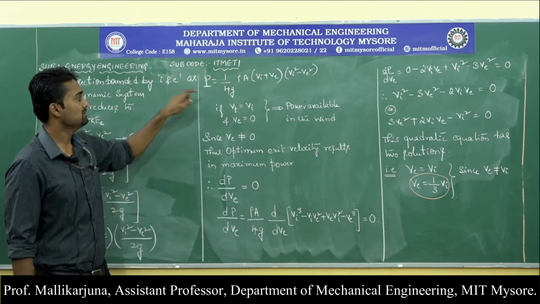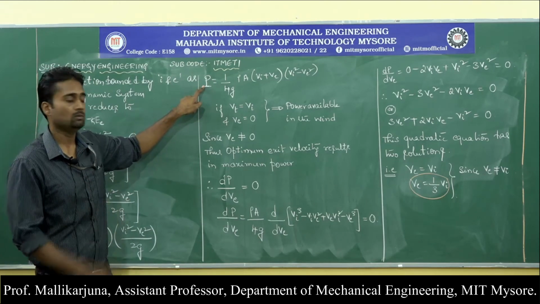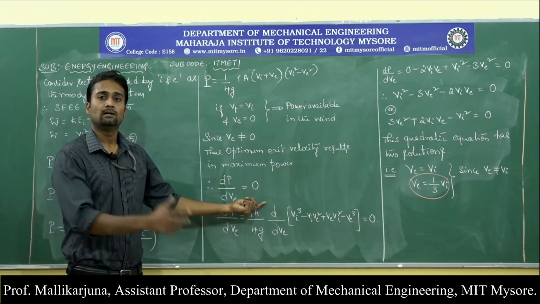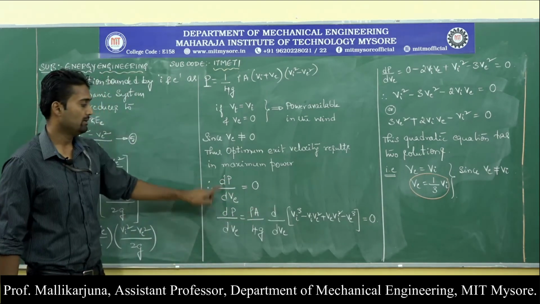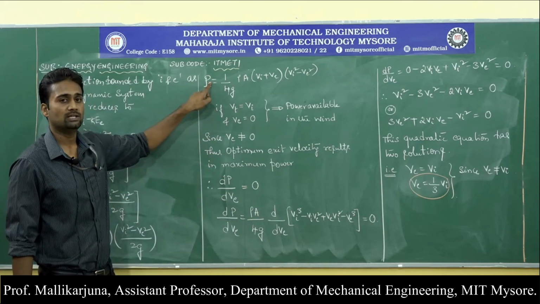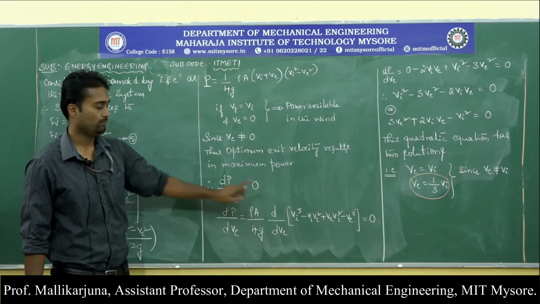What we have to do is differentiate this equation with respect to the optimum Ve, and equate it to 0.